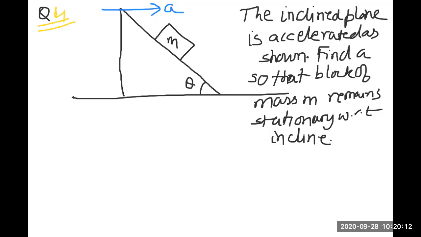Please try to understand my question. If it is given that the acceleration of the inclined plane is a and the block is stationary with respect to the inclined plane, then what is the acceleration of the block?